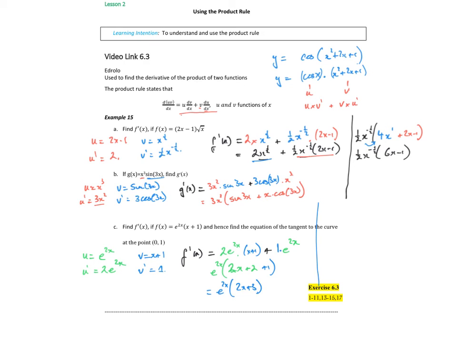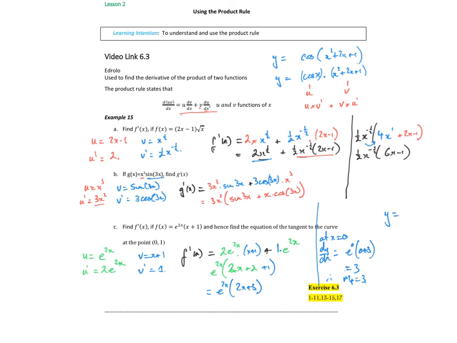Now find the equation of the tangent at the point 0, 1. So at x equal to 0, dy dx is equal to e to the 0 times 0 plus 3. e to the 0 is 1, which gives 3. So the gradient of the tangent is equal to 3.